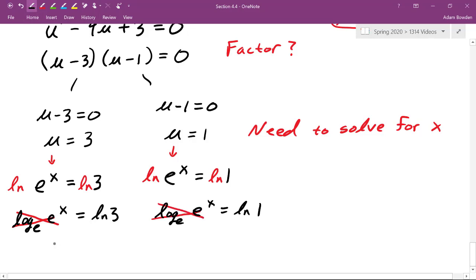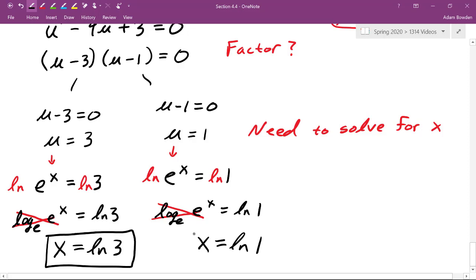So that'll solve for x. In other words, x is equal to ln 3 and x is equal to ln 1. So by putting the ln on both sides, that's there so that I can cancel out the e, leaving just the x on both equations.